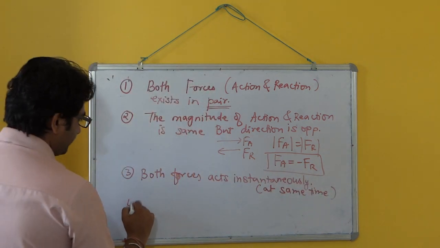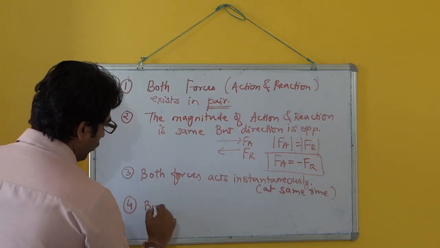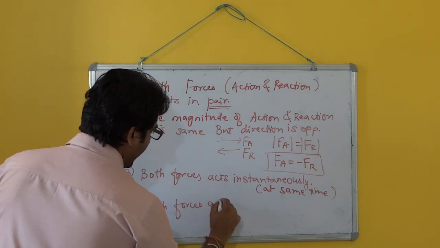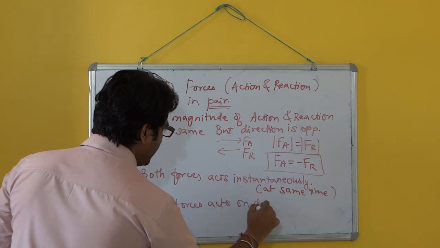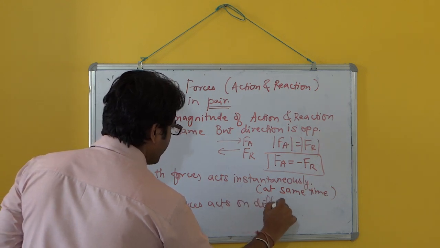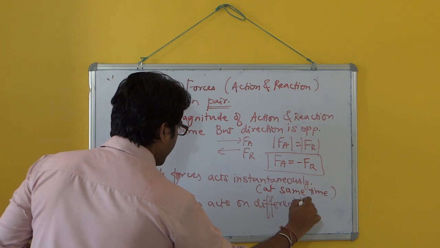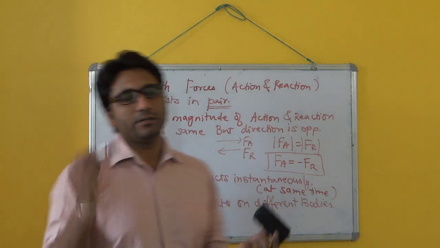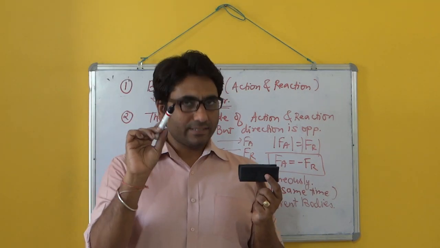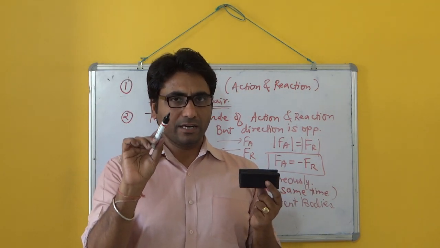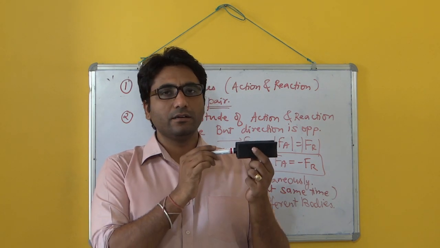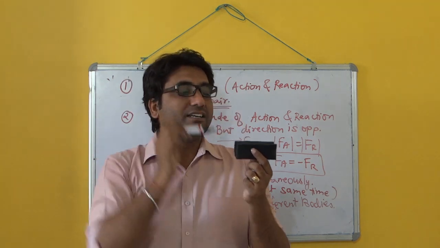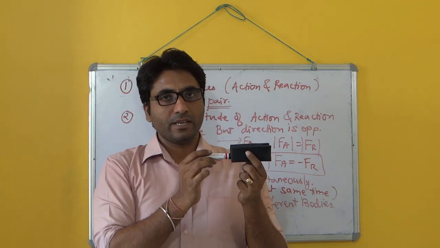Fourth point, both forces act on different bodies. Different bodies means what? The force exerted by the marker on the duster, so the force is acting on the duster first.